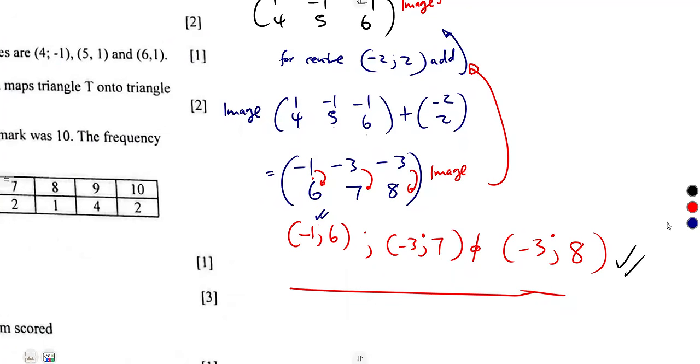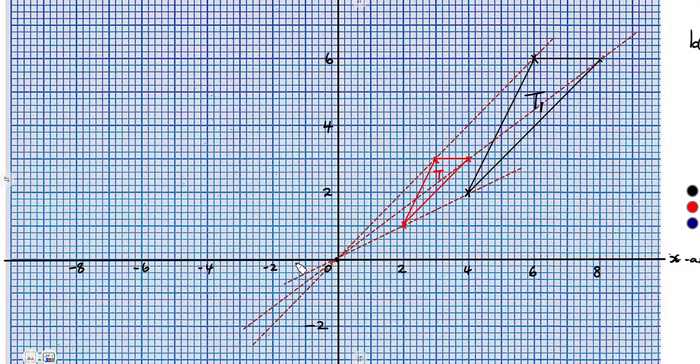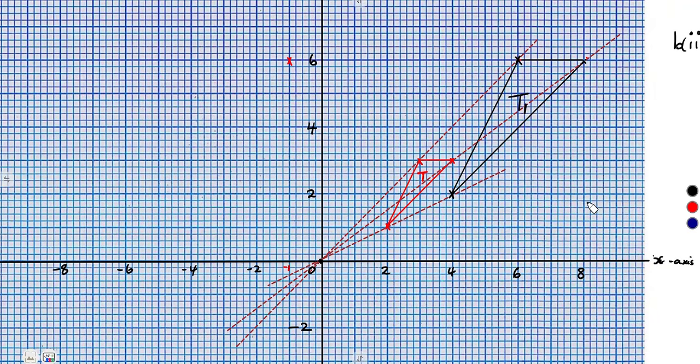Negative 1 is here in between, and 6. You mark that where negative 1 meets 6. That is the first point.